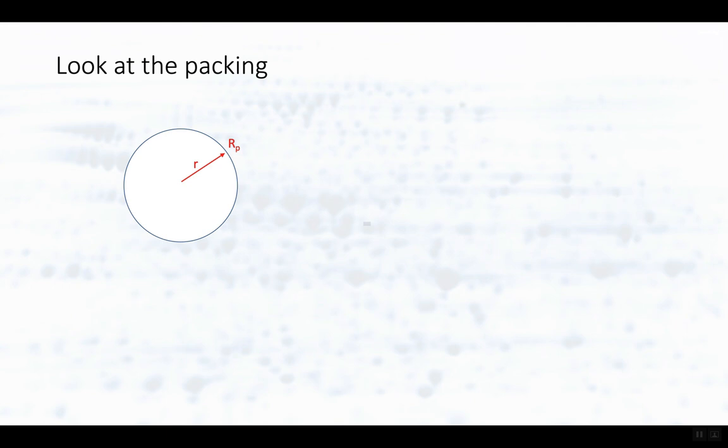So here let's look now at our particle of packing. And that particle has a radius. We tend to try to make the radius of these particles as even as we can in chromatography. It doesn't have to be, but we tend to do that because it makes it easier to know what the pressure drop is going to be, what the packing density is, those kinds of things. All right, so the particle has a radius, rp, and it's got a diffusional boundary layer around that radius.